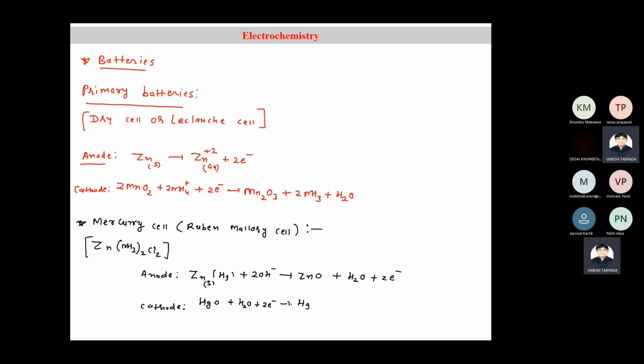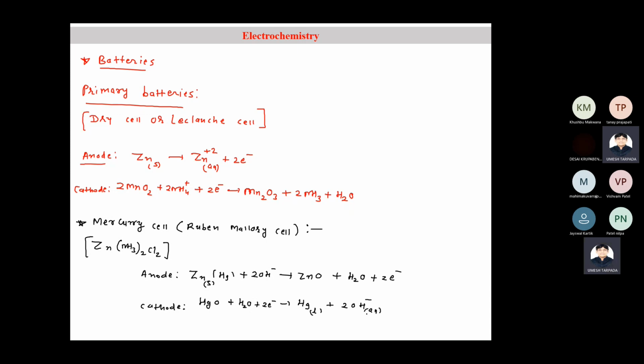Sorry, it gets reduced to Hg. HgO means Hg plus 2 gets reduced to Hg mercury plus 2 OH minus.